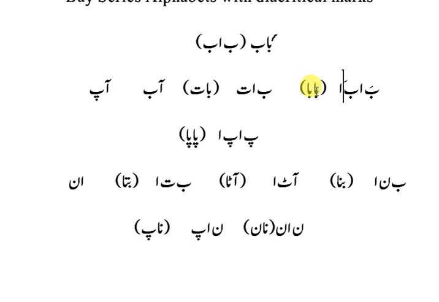So the word would be like this one with diacritical marks, zabar. So when zabar is coming over Be, and again it's coming on Be again, it is pronounced like ba, ba, ba.